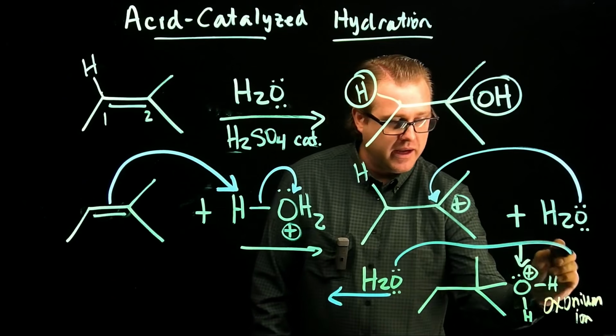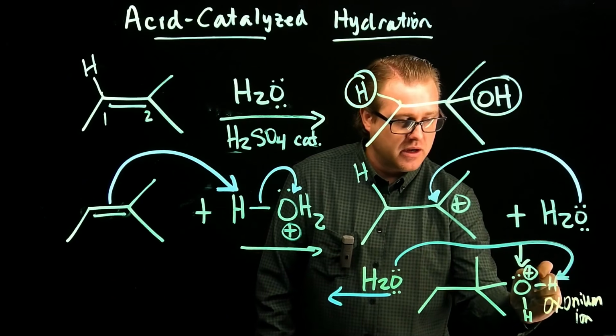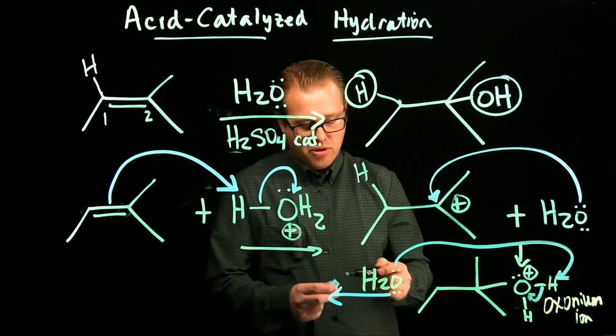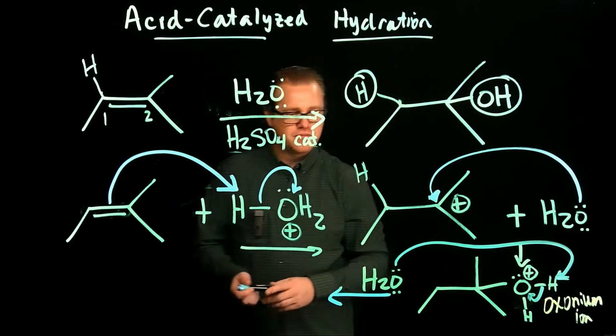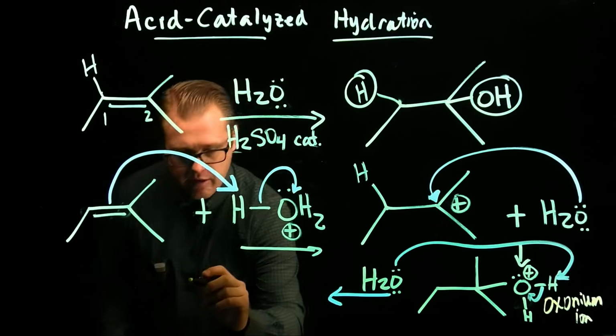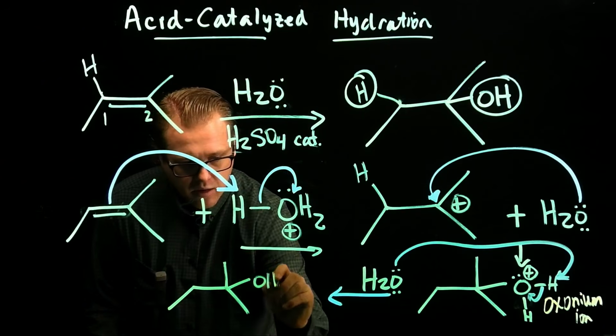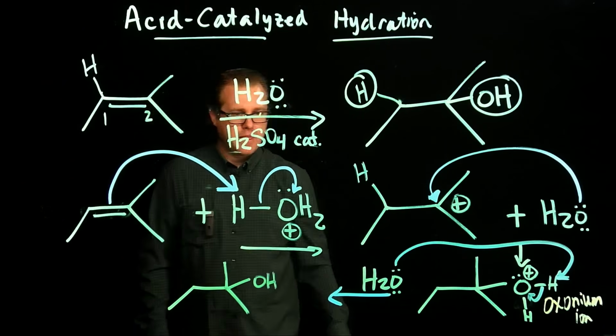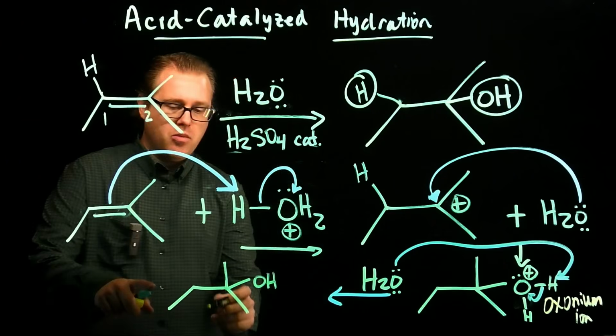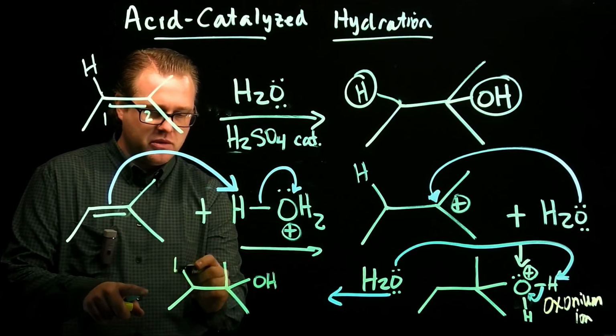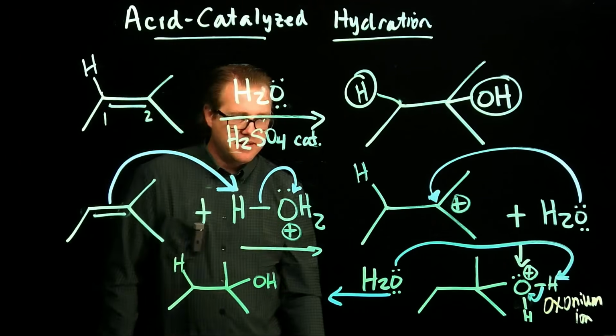So we're going to come here and grab a proton and do a proton transfer step to generate our neutral product. More often than not, you're not going to be shown that the hydrogen was also added there.